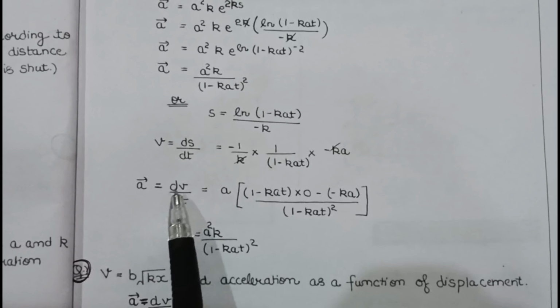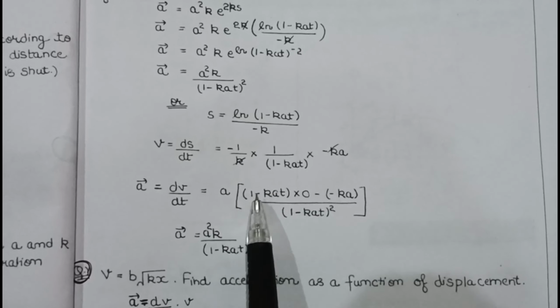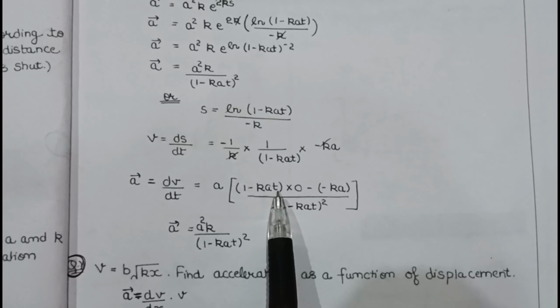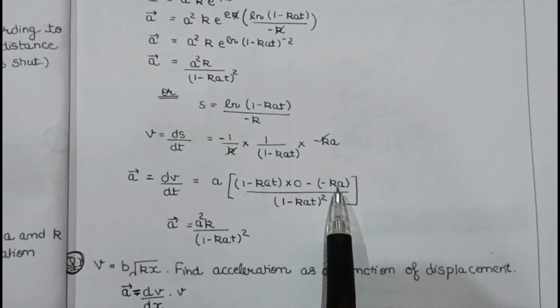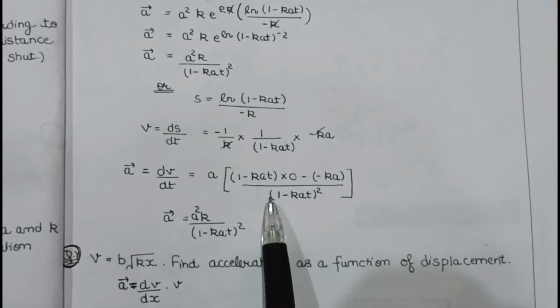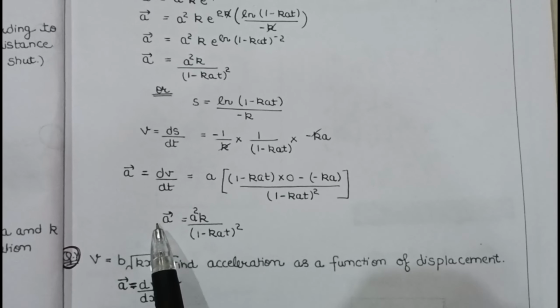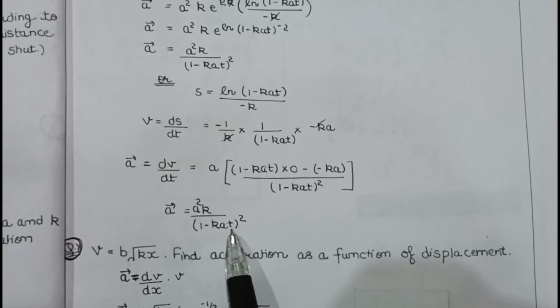The acceleration vector is equal to dv upon dt, which is equal to a into (1 minus k·a·t) into 0 minus of minus k·a upon (1 minus k·a·t) whole square. Therefore, from here we get the acceleration vector is equal to a square·k upon (1 minus k·a·t) whole square.